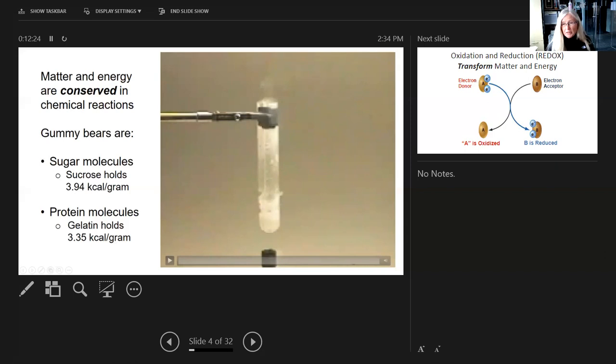So the energy is being transformed into heat energy, light energy, and sound energy. That's where it went at the end of this reaction. So whatever energy was in that gummy bear was released in a dramatic and semi-explosive fashion. That's what conservation of energy refers to.